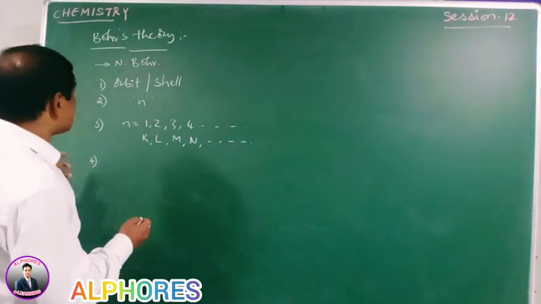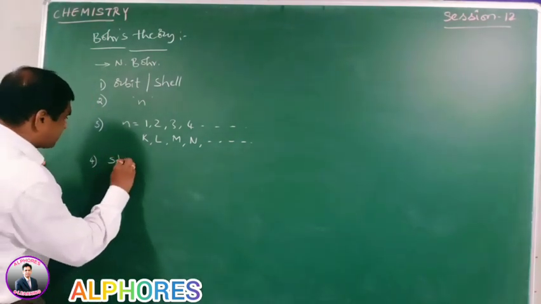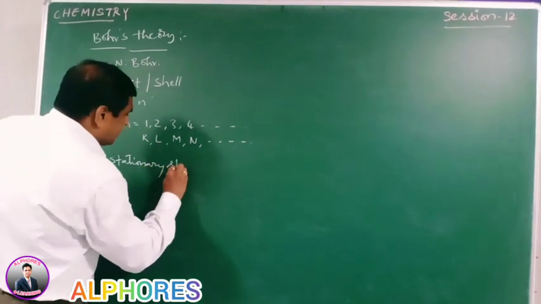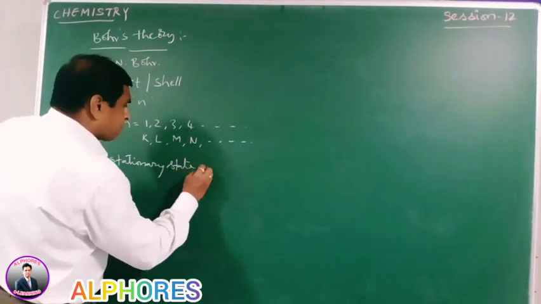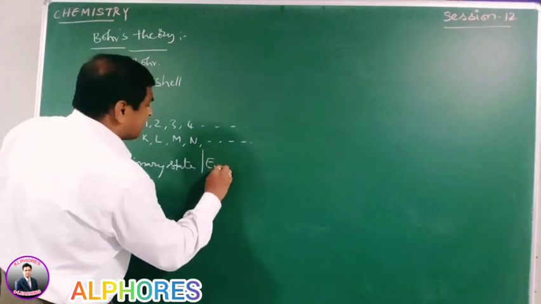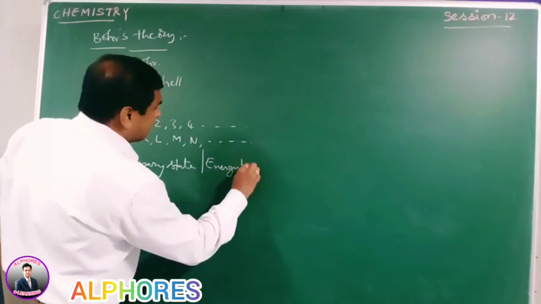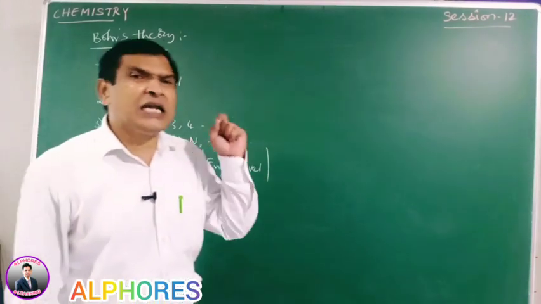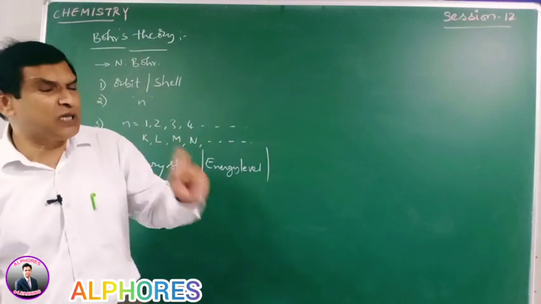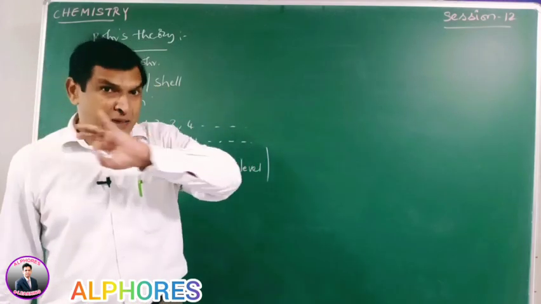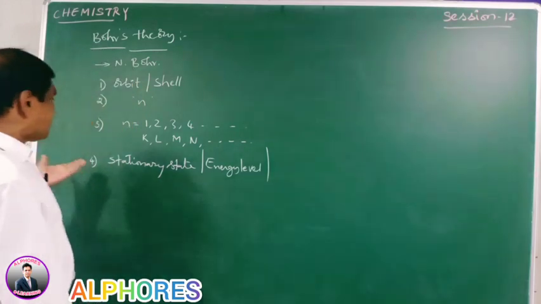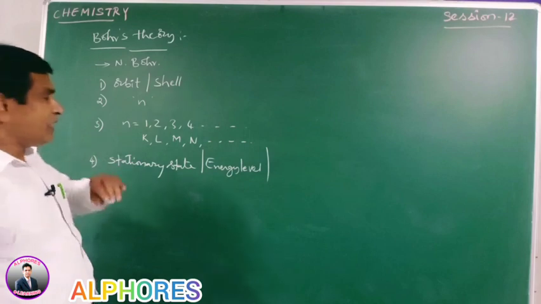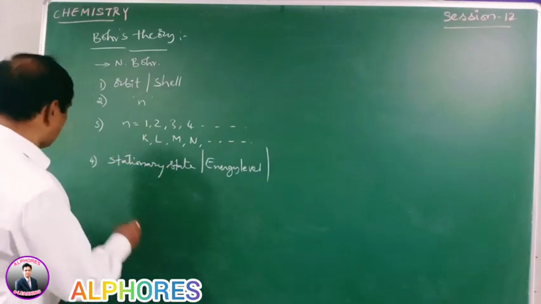Therefore, an orbit is also called a stationary state, stationary orbit, energy level, or principal quantum shell or principal quantum number. That means he describes the stationary orbit.